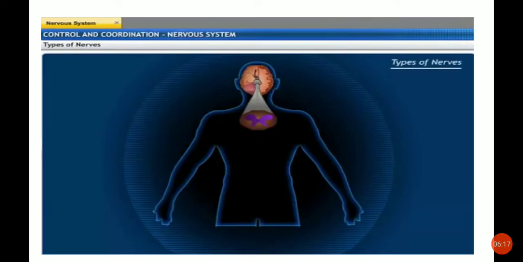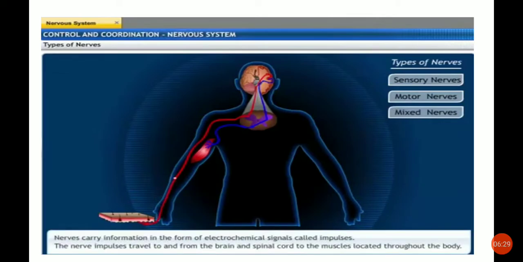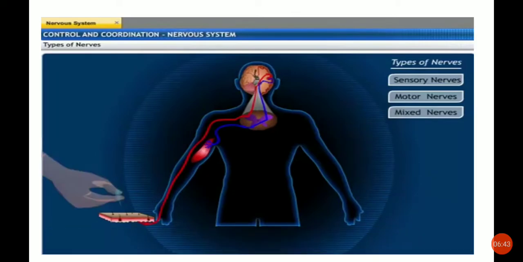There are three types of nerves: sensory nerves, motor nerves, and mixed nerves. These nerves carry information in the form of electrochemical signals called impulses to and from the brain and spinal cord to the muscles located throughout the body. Sensory nerves send messages from the sense organs to the brain or spinal cord.